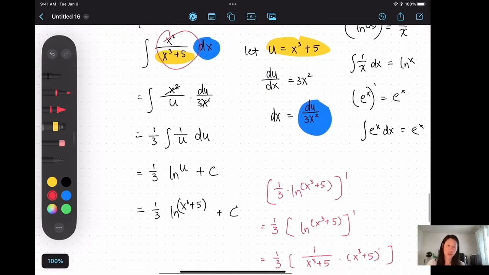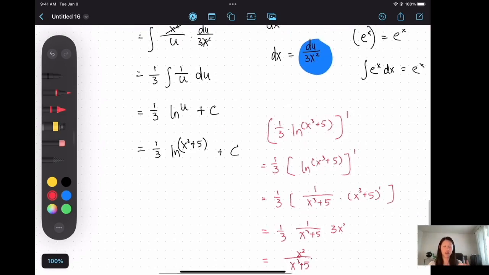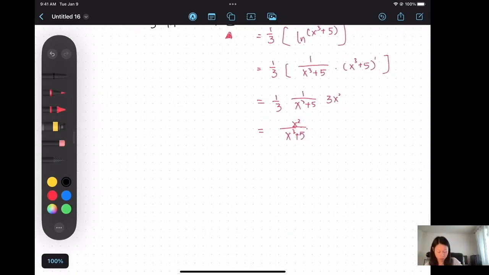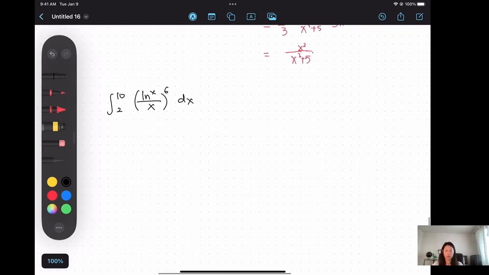Okay, so this is for the indefinite integral, which means you need to add a constant at the end. So what about the definite one? For the definite one, such as integrating from 2 to 10 of (ln of x) to the 6th power over x dx, we do the same thing by using u-substitution. u is equal to ln of x.